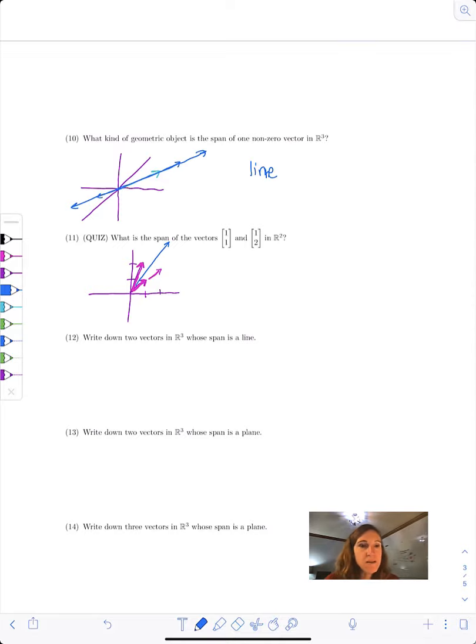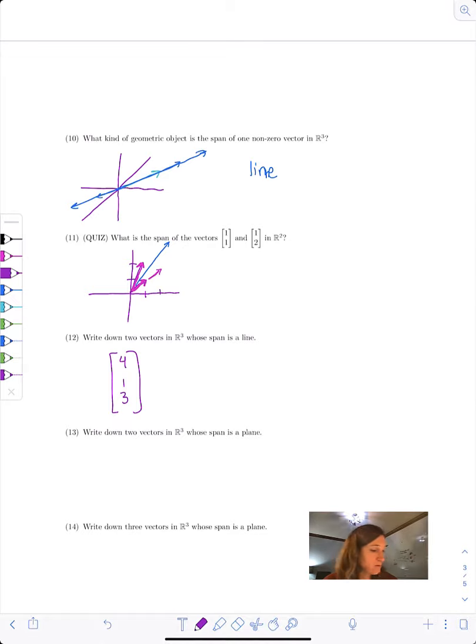Okay, and now finally, when we're in R3, we're still in three-dimensional space, but if we want to have a line, we just want to write down two vectors that are still on the same line. If we take this first vector, 4, 1, 3, its span is just a line.